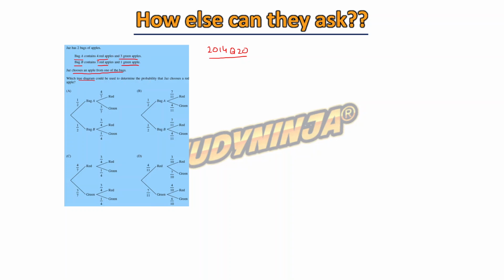There is a description given and you're asked to make a tree diagram. Now what I'm thinking is, if you ignore this part for a while and this part as well, and focus on this part, you may be given all of this, right? And you could have been asked a question like this.